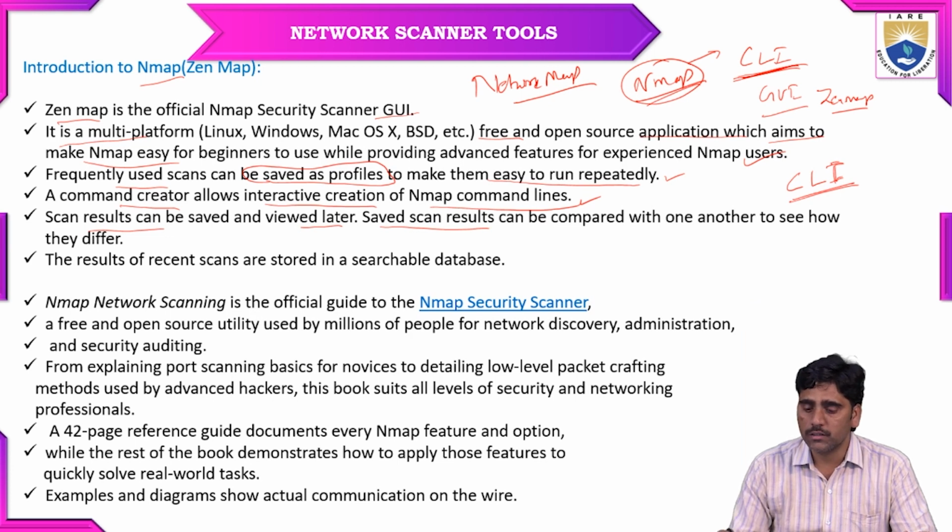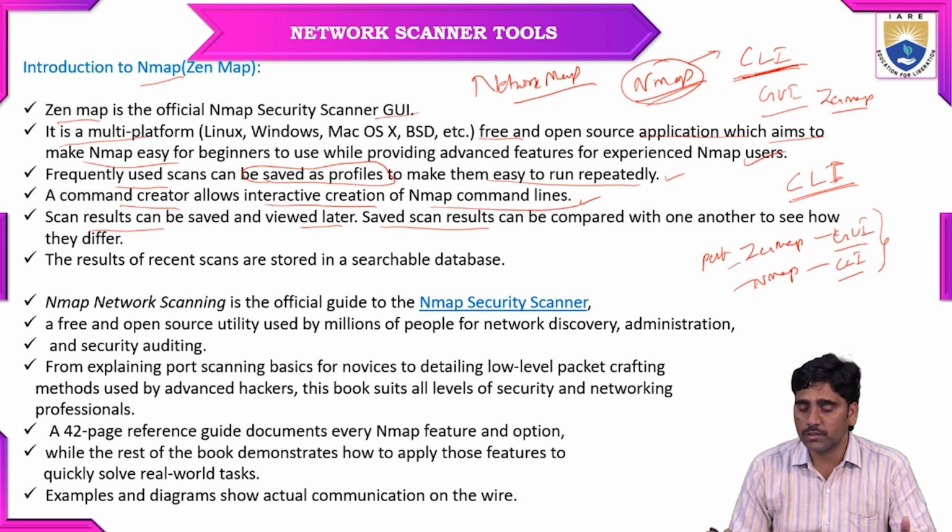Saved scan results can be compared with one another to see how they differ. So you can perform scanning with the Zenmap tool in GUI mode, and you can perform scanning with the NMAP tool in CLI mode. By performing both scans, GUI as well as CLI, you will get saved results, and you have to compare them. Check once whether there is any difference or not.